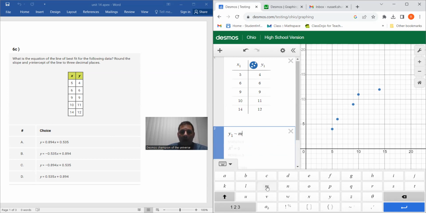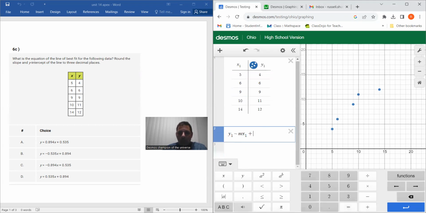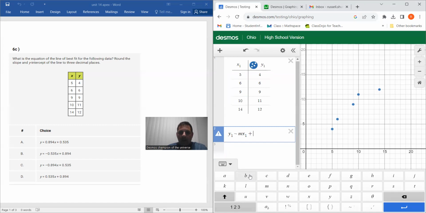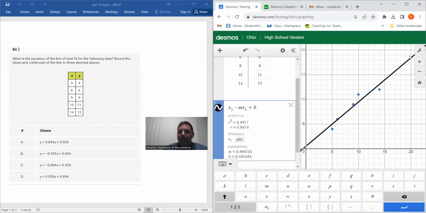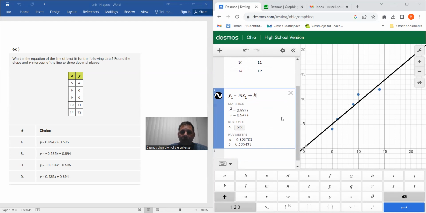And then we want m x1, because remember, they're calling it x1. And then we'll put plus b. And guess what it does? It plots the graph that most closely goes through those data points. All those are about as close as you can get.